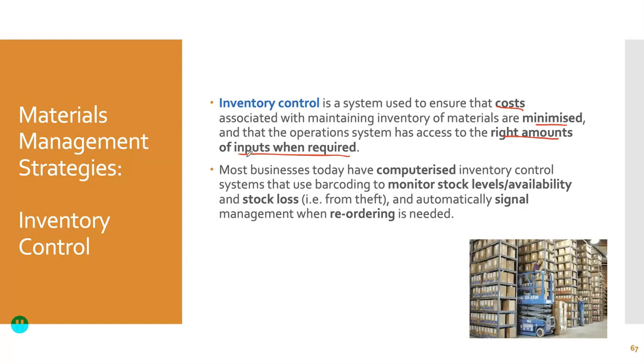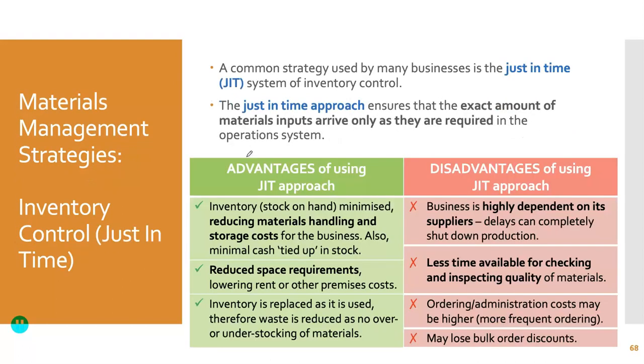Not too much, not too little. We can use computers to improve this. And if we do this, a business might adopt something called a just-in-time system of inventory control. This is a very complicated but advanced approach where we ensure just the exact amount of materials or inputs arrive only as they are required.